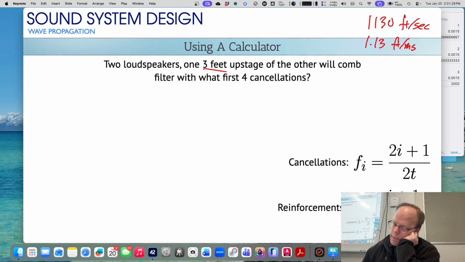That and we've got 3 feet. So here's just a little shortcut. That 1.13 is a magic number, and you can use that to convert either direction. The distance value is always going to be larger than the time value, because it's 1.13 feet per 1 millisecond.